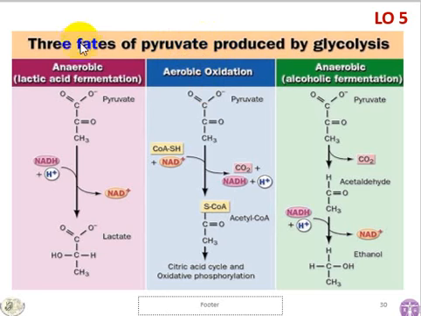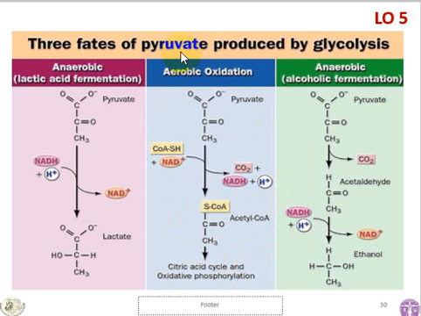Therefore, there are 3 fates of the pyruvate produced by glycolysis. The first one is aerobic oxidation, which means that pyruvate forms an intermediate compound, acetyl-CoA, and this acetyl-CoA enters the citric acid cycle to produce energy. This happens when there is a sufficient amount of oxygen.